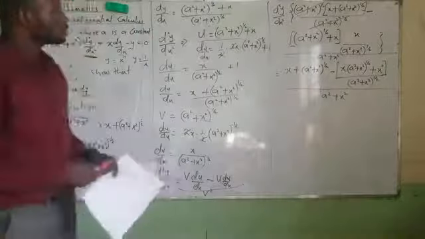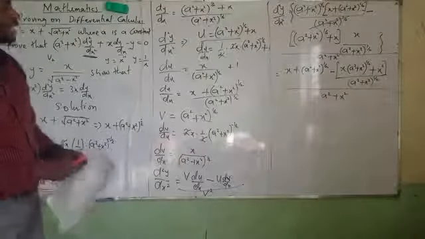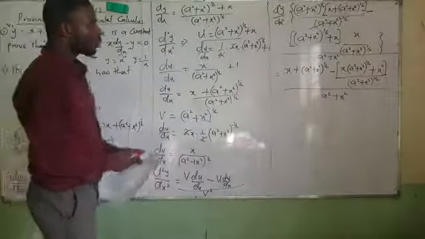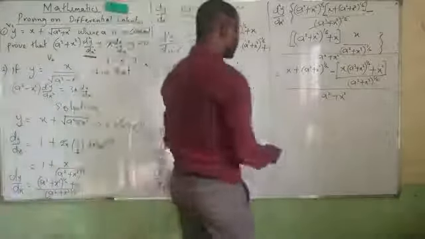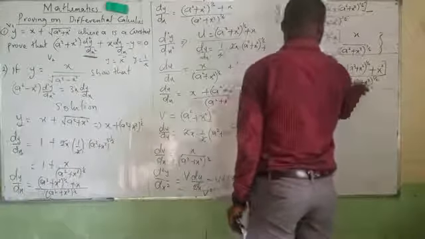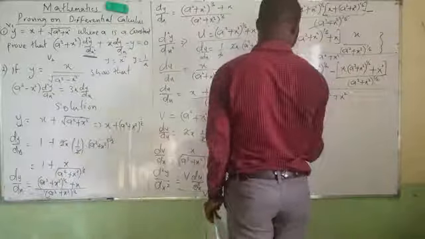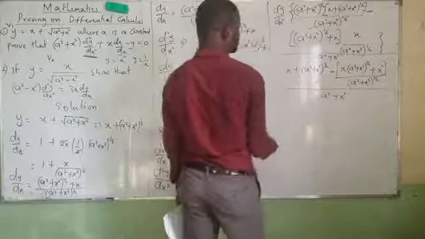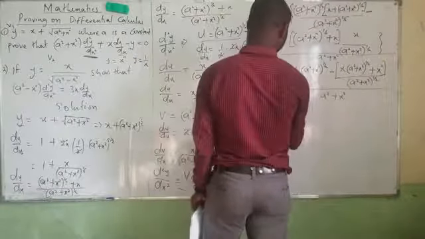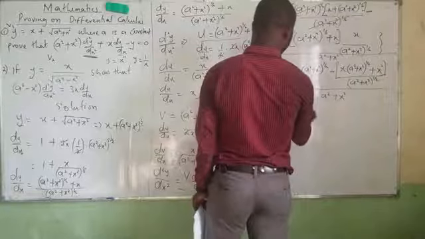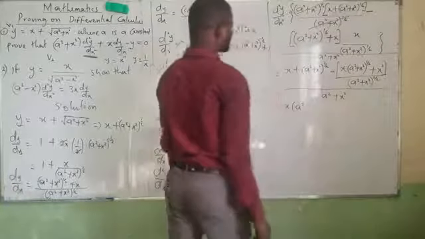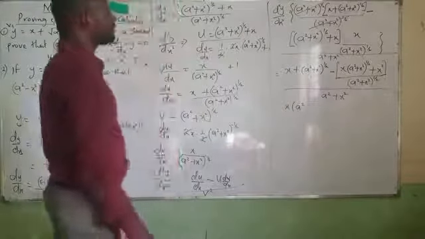Now, by so doing, what can I do that will make my work simpler? Now, I can say that this will be x times the square root of a squared plus x squared. Hope I'm not making any mistake.